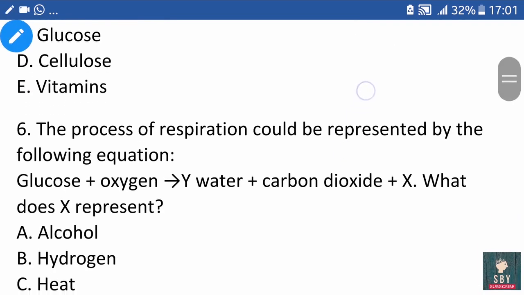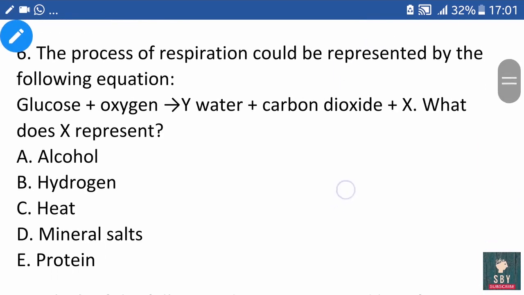So question 6. The process of respiration could be represented by the following equation. Glucose plus oxygen, then you have Y, then you have water plus carbon dioxide plus X. What does X represent?